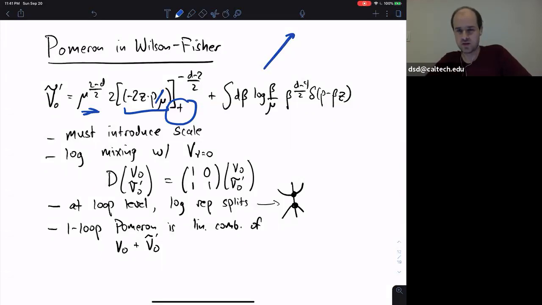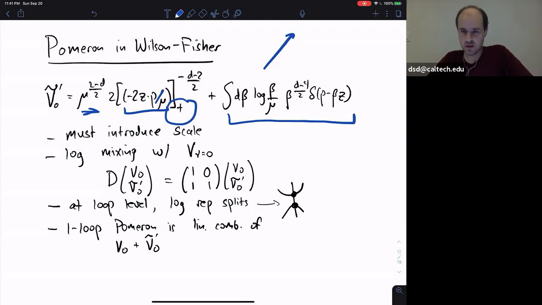And this thing transforms inhomogeneously under that. And that means that this object doesn't transform in an irreducible representation of the Lorentz group. We have to fix that. We can fix it by adding a different thing that also transforms with a shift under a boost. And that shift cancels the shift associated with the plus distribution.